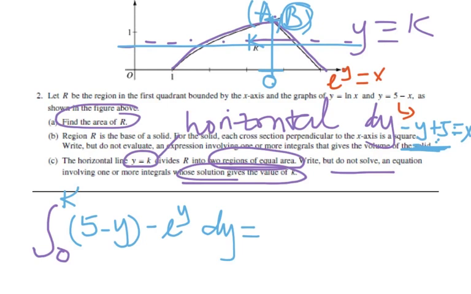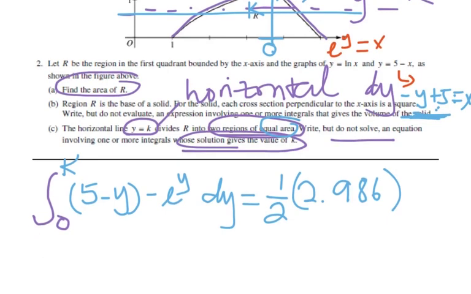Since it says split into 2 equal regions, the area is half of the area in part A, which is 2.986. I can leave it like this; you can solve it or you can leave it.